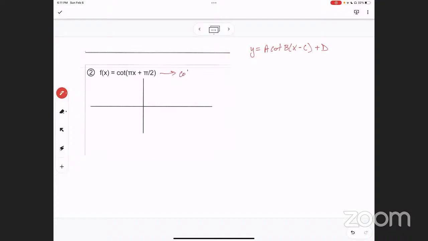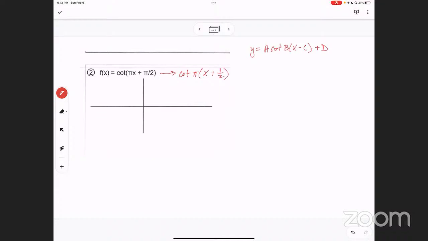So this is just the cotangent of pi. I'm factoring a pi out, so I'll have an x plus, well, if I factor a pi out of there, I'm going to have a 1/2, right? Just divide pi over 2 by pi. That's how you do that.